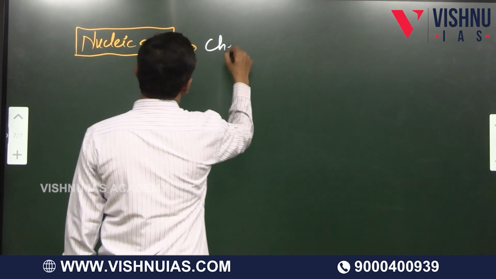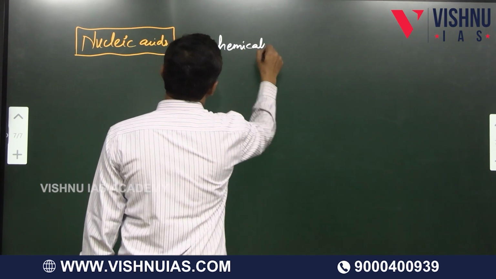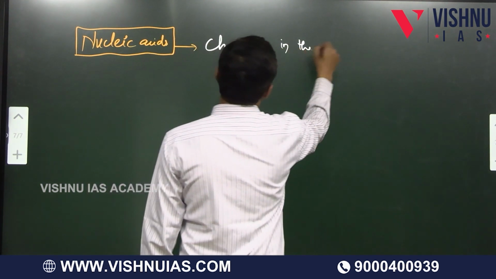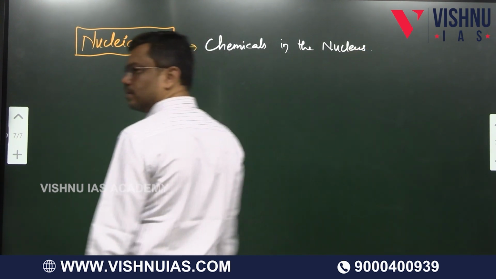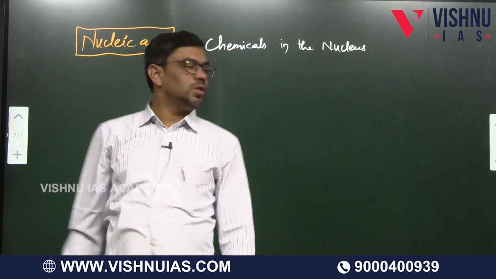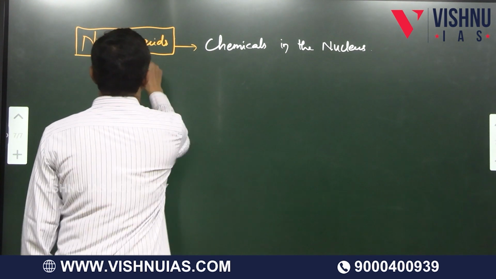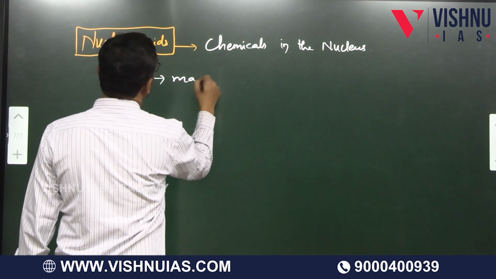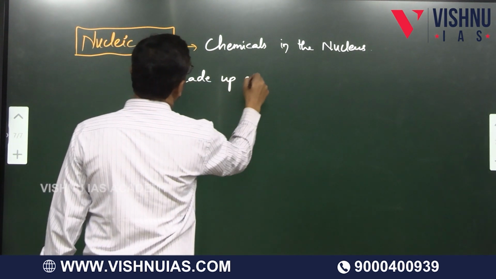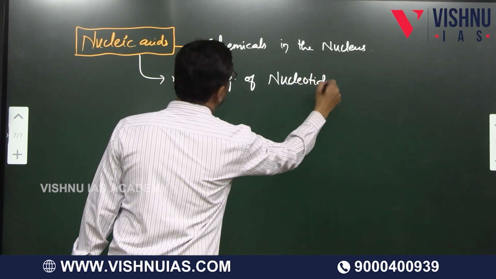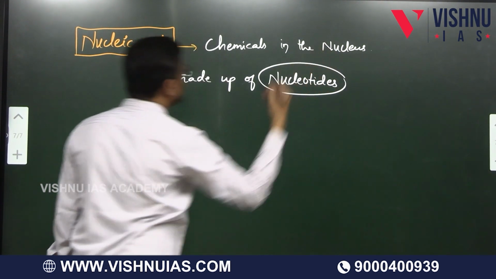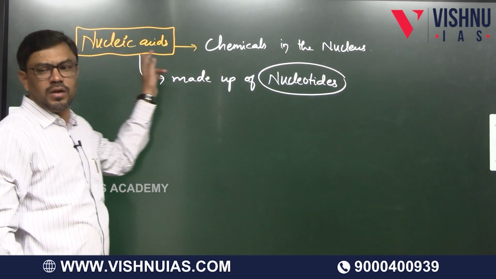Chemicals in the nucleus are called nucleic acids. These nucleic acids are made up of nucleotides. That means nucleotides are the monomers of the nucleic acids.